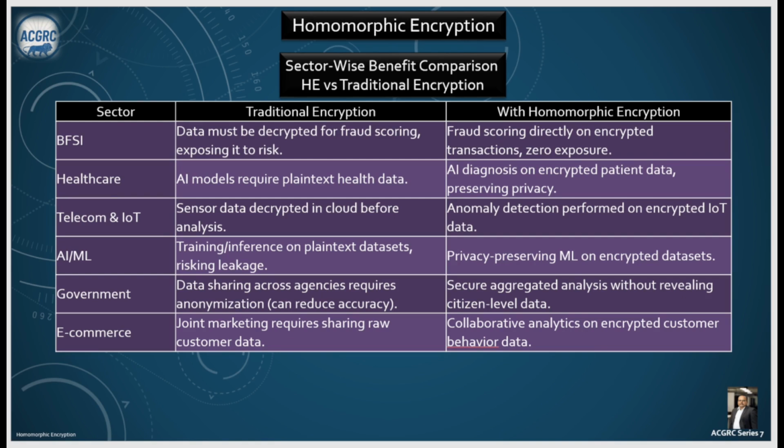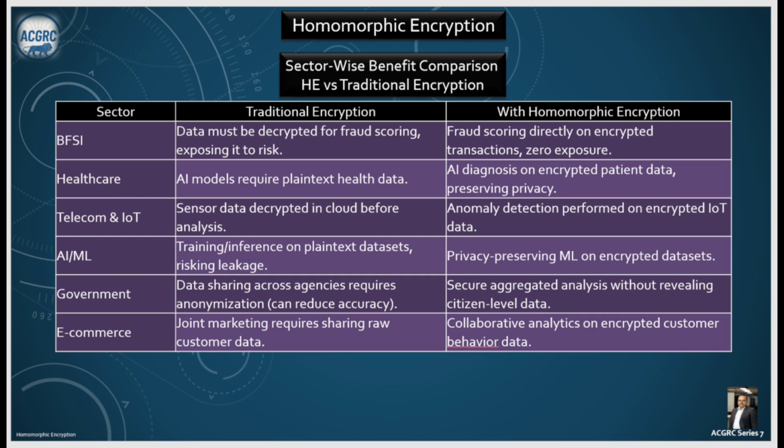Let's look at sector-wise benefit in comparison of traditional encryption versus homomorphic encryption. Well, for the BFSI sector, in traditional encryption data must be decrypted for fraud scoring, exposing it to risk. With homomorphic, you can do this directly on the encrypted transaction, hence there is zero exposure. When it comes to healthcare, the AI model requires plain text health data in traditional.